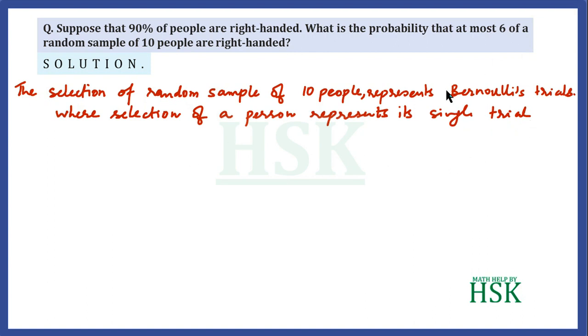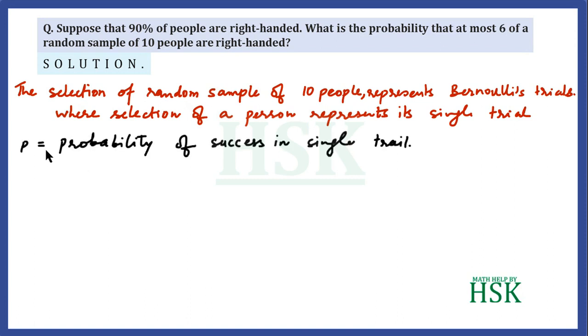So in this case we are selecting one person, then another person. So each trial is being made. Now P is the probability of success in a single trial.